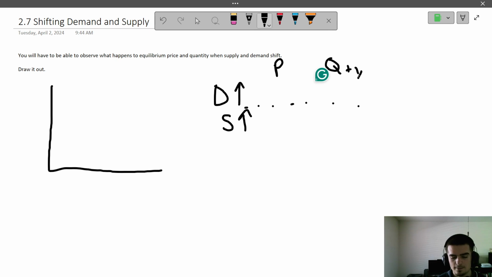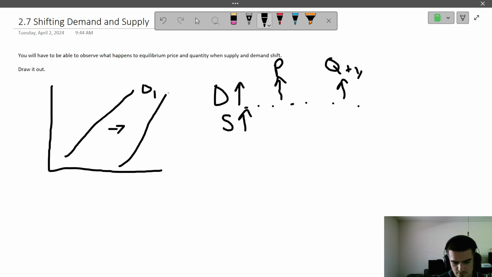Well, when people want more stuff, your quantity is going to increase and your price is going to go up because there's more people wanting it. So let me draw demand 1. And so an increase in demand, demand 2.